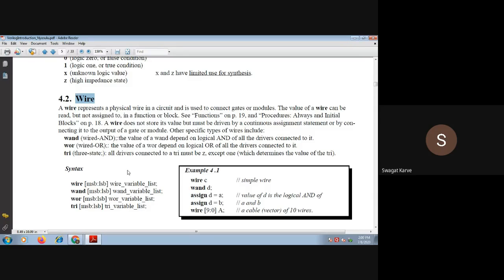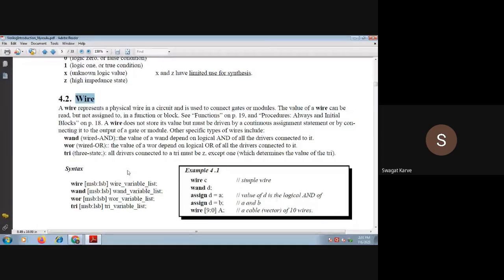A wire does not store its value but must be driven by a continuous assignment statement or by connecting it to the output of a gate or module. That means this wire represents the physical connection, but it will not hold any permanent value, right?